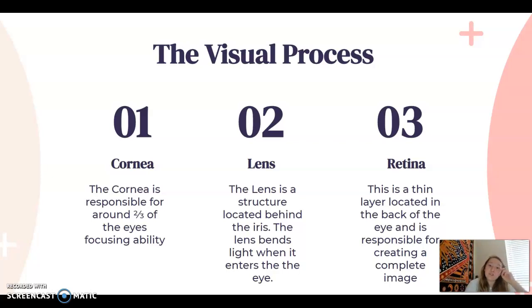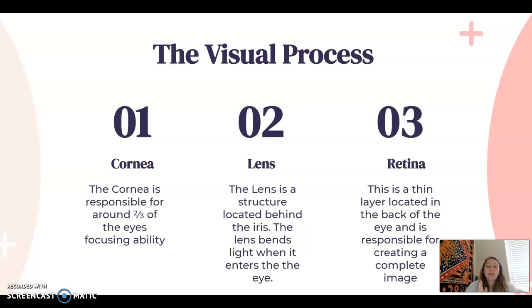Once your eye is focusing on something, the light that goes through your eye is now going to hit a lens. That lens then directs that light towards your retina, which is located in the very back of your eye. Depending on how the light, which passes through the lens, then hits your retina, is how you're going to end up seeing an image completely.